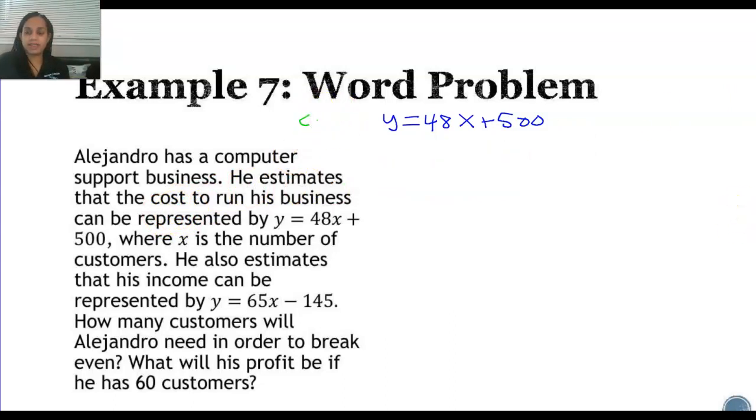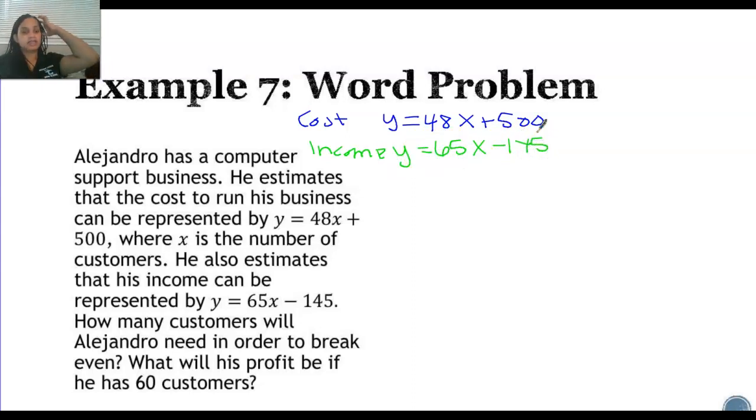And then it says he also estimates that his income can be represented by this other equation. So I just want to label what these represent. The first one represents the cost to run his business, and then the second one represents the income to run his business. Y equals 65x minus 145.